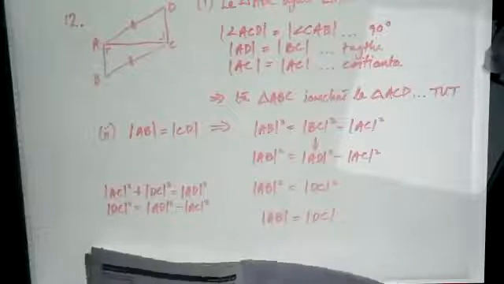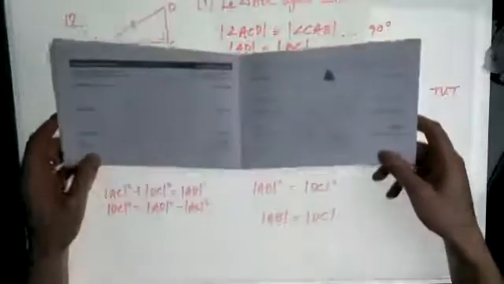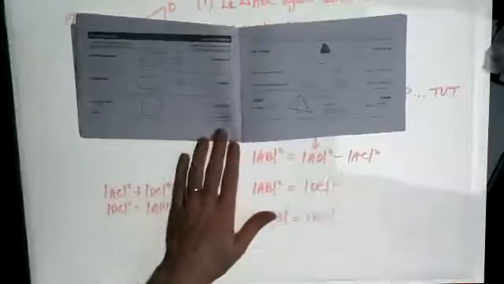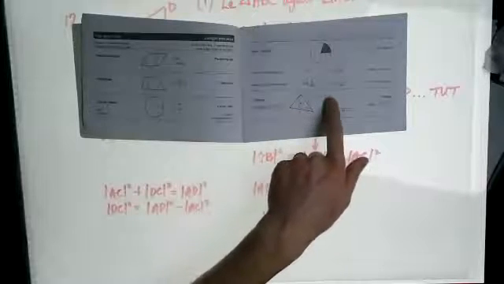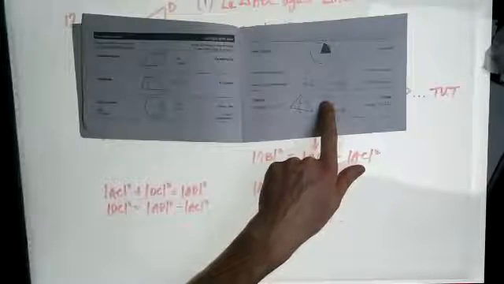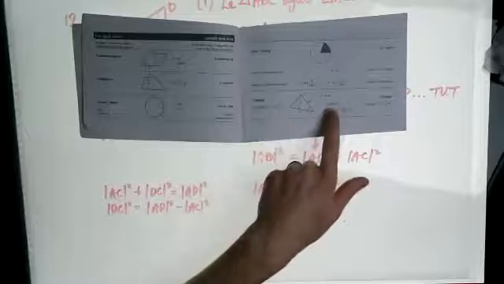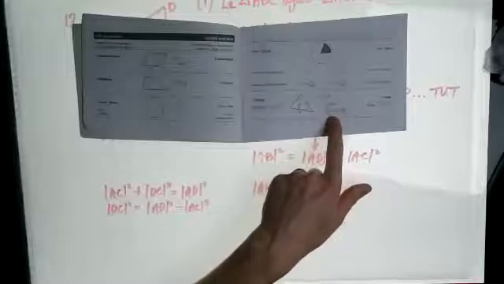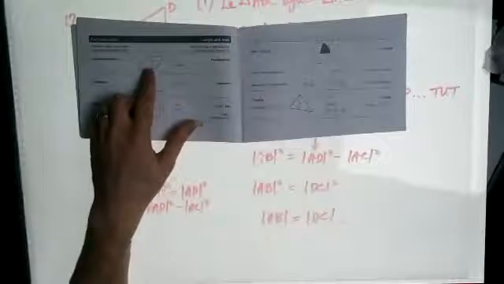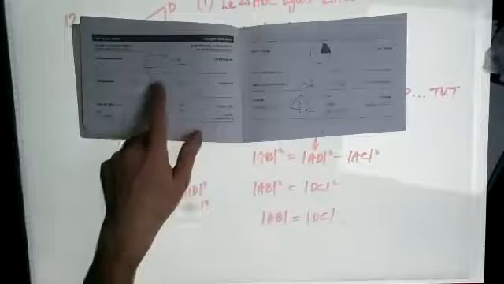Okay, so looking at the lower table, the area of a triangle is half A times H. Now there's also half A B sin C, and there's a formula with the square root, but the highest, the formula we use is half A times H. The area of a parallelogram is A times H, and the trapezium formula we'll meet later on.